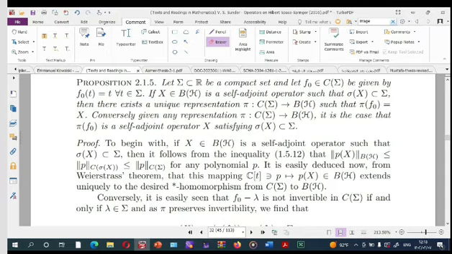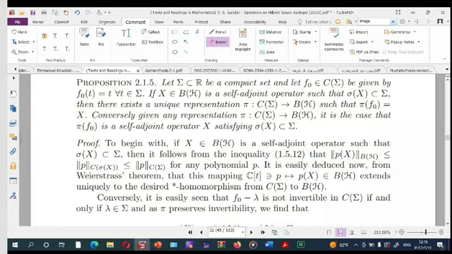It is easily deduced now from the Weierstrass theorem that this mapping, any polynomial p mapped to p of X, from the set of all polynomials with complex coefficients to B of H, extends uniquely to the star homomorphism from C of sigma to B of H.